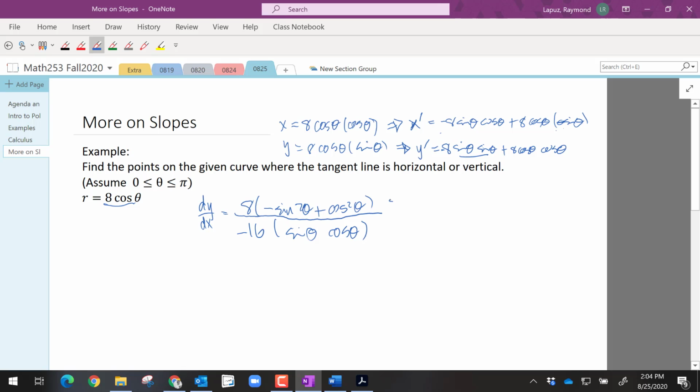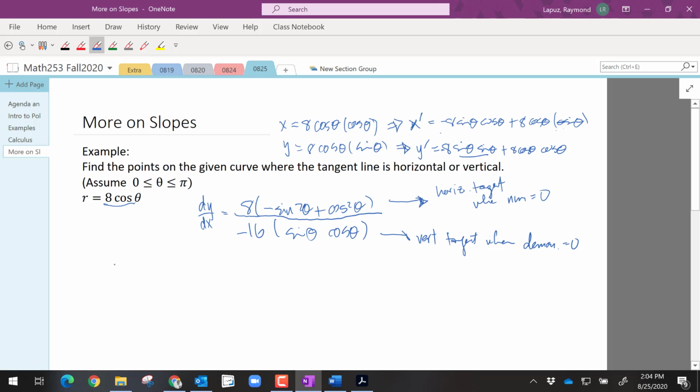We're going to be concerned about when the numerator is equal to 0, we have a horizontal tangent. When the numerator is 0 and vertical tangent when the denominator equals 0.